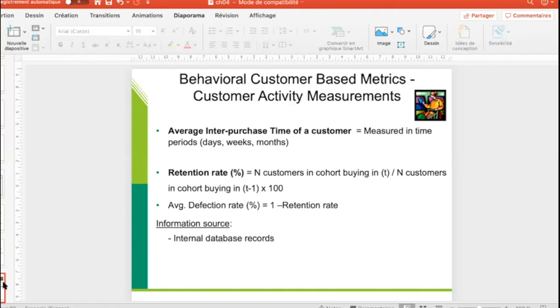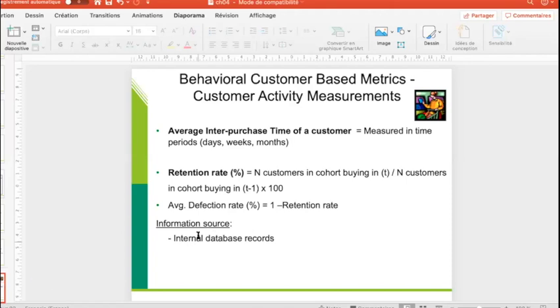Is it because of better competitor offerings, so you have to do a benchmark? Is it because your prices are too high? Is it because customers are dissatisfied? Then it makes sense to look at your satisfaction and service in order to see if your defection is related to customer dissatisfaction or to better competitor offers.